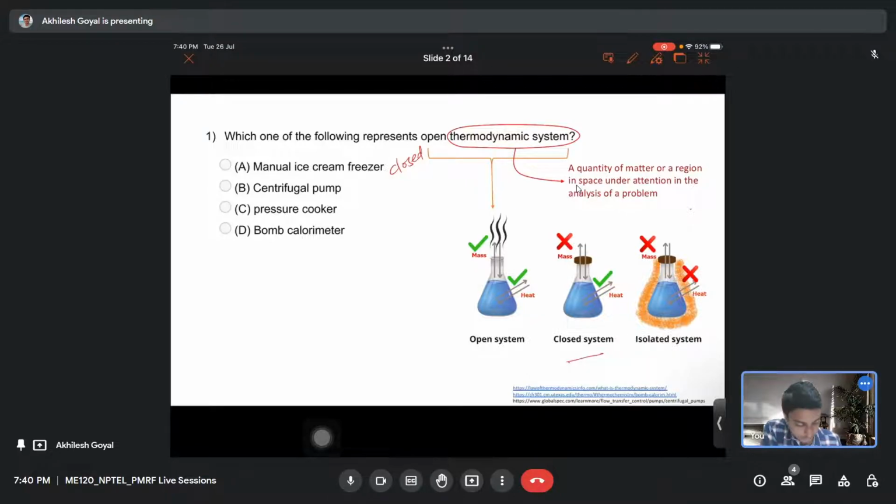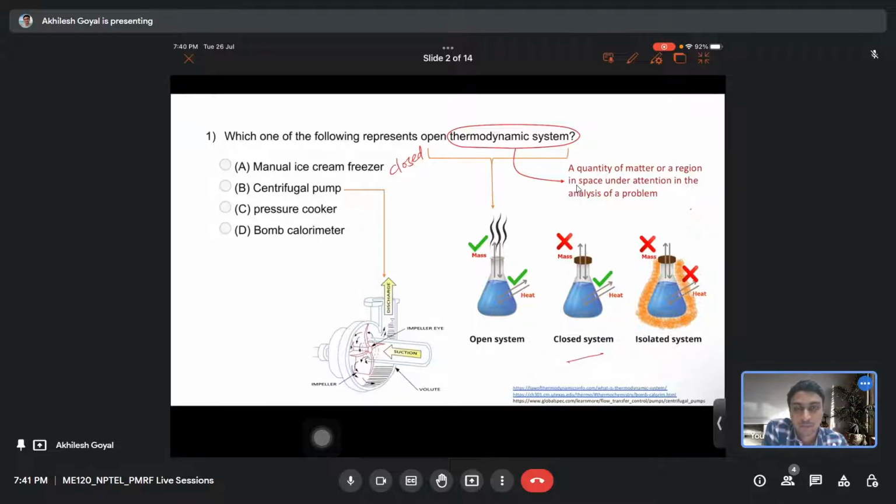Okay. The second option is the centrifugal pump. As in the diagram, you can see that the water or fluid comes through the center of the pump and then goes out from the periphery of the pump.